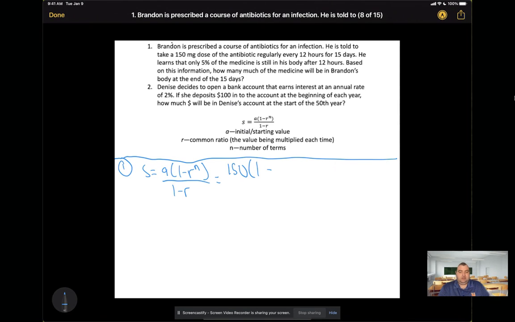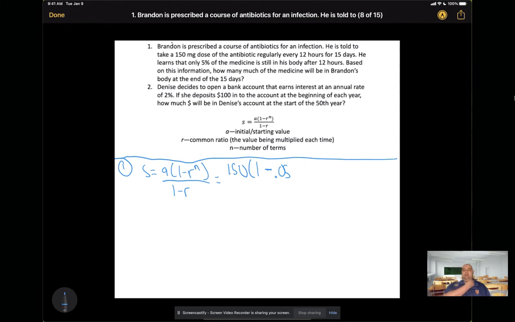R is going to be the percentage. In this case, it's the 5%. We do not need to do 1 plus the percentage because we're not talking about investments. So my R value is going to be 0.05. So that is my R.